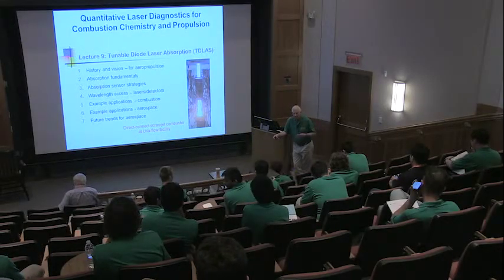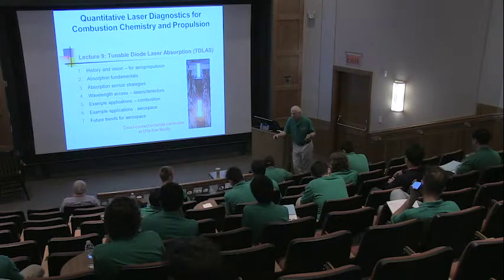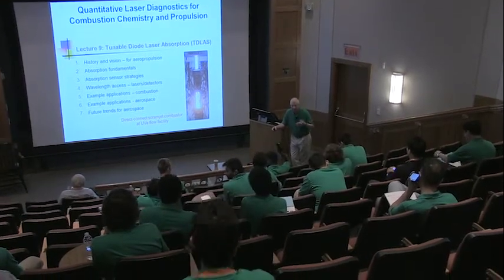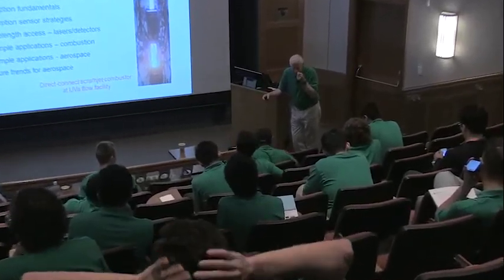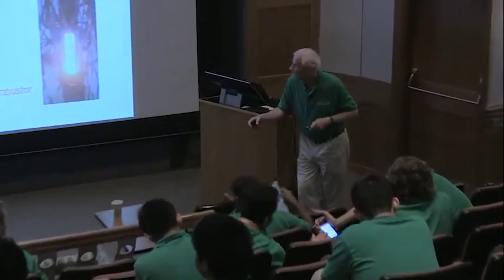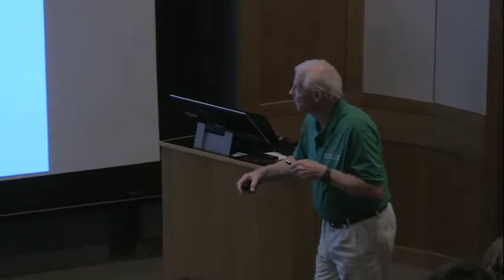So we're at a turning point. We're basically halfway through. We've done most of the theory, at least as regards absorption and emission. I want to turn now to some applications in which I'll show you examples of tunable diode laser absorption. These diode lasers operate mostly in the visible into the infrared.